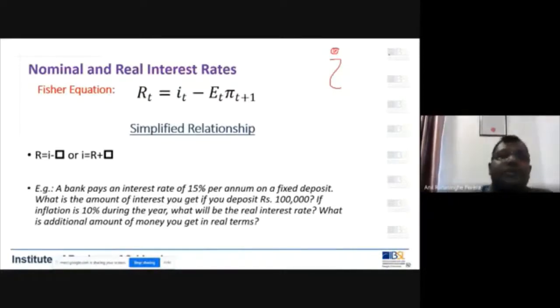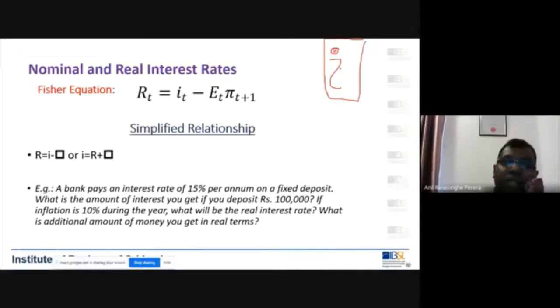Real interest rate is the interest rate adjusted for inflation. Because sometimes even though you get a nominal interest rate of a particular percentage, this could be affected by the inflation rate, and as a result your purchasing power of money is affected.